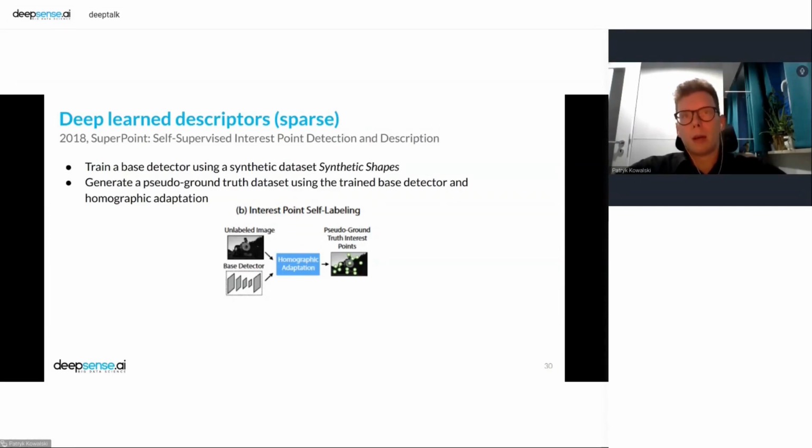So they found out that if they perform a homography on an image, they perform 100 homographies, which they call homographic adaptation, and they apply the base detector to every slightly perspective-warped version of the image, then the base detector detects slightly different key points every time. And they can superset all of those key points onto the original image. Then we have a pretty thorough representation of every key point we can find in this image.